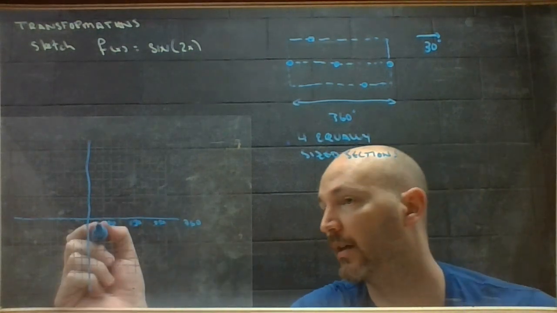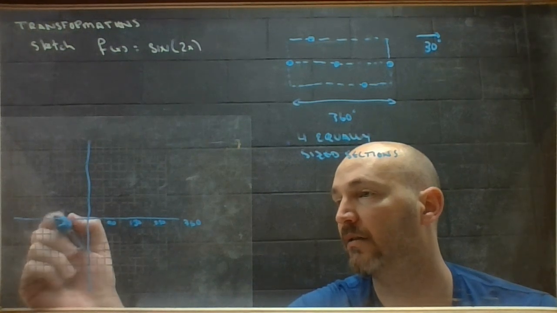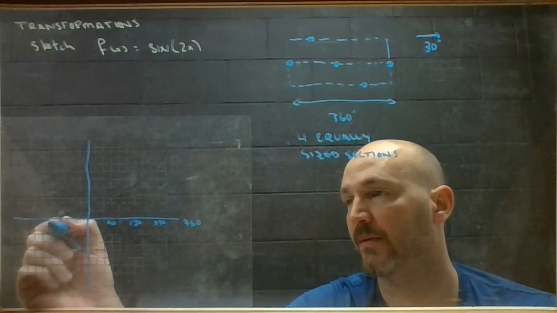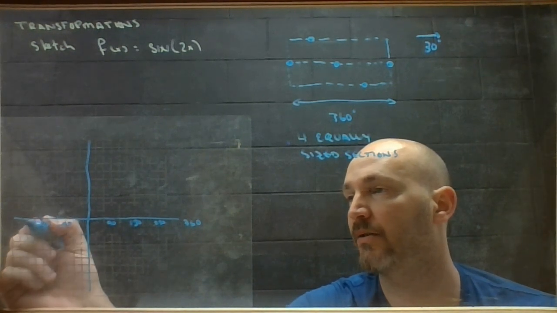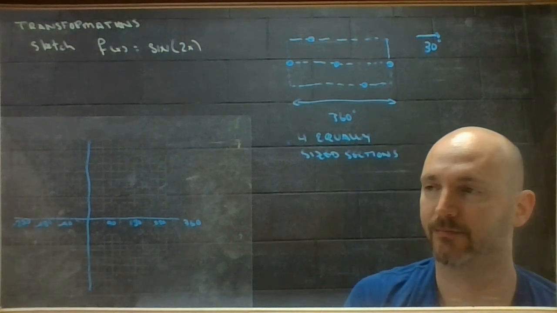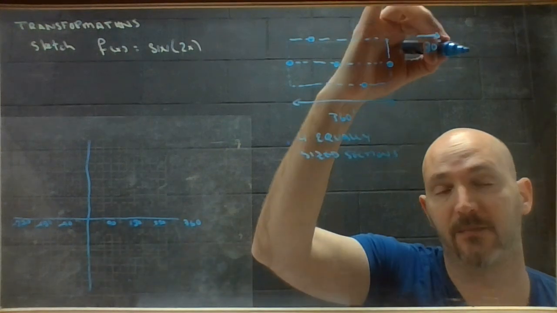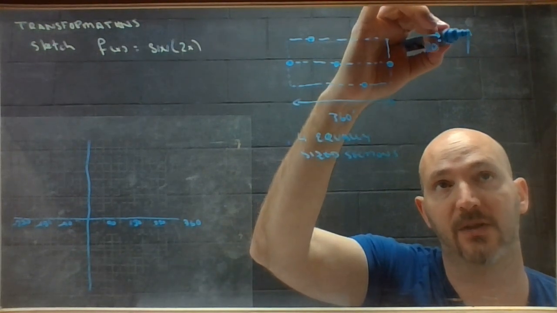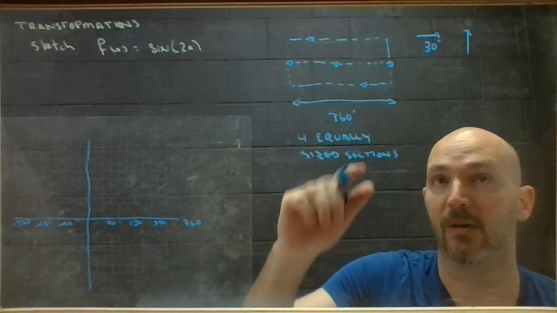And going the other way, 30, 60, 90, 120, 150, 180, 210, 240, 270, etc. Now, if I've already changed the X scale, I'm going to change the Y scale as well, just so I can get a curve that's tall enough that I can really see what's going on.